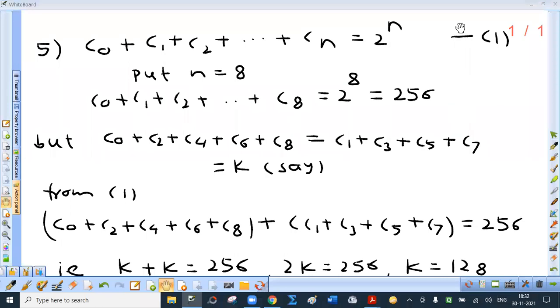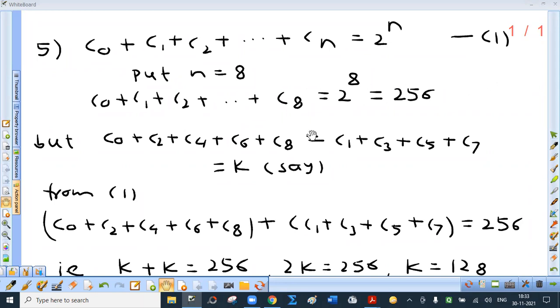Fifth one, show that C0 plus C2 plus C4 plus C6 plus C8 equal to C1 plus C3 plus C5 plus C7 is 128. That is, sum of even coefficients is the same as sum of odd coefficients, and we know that it is 2 raised to n upon 2, that is 2 raised to n minus 1.